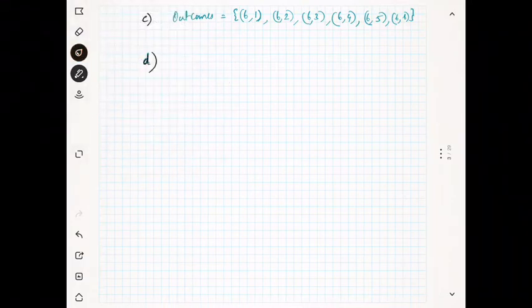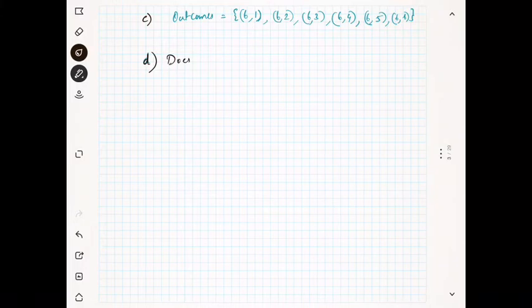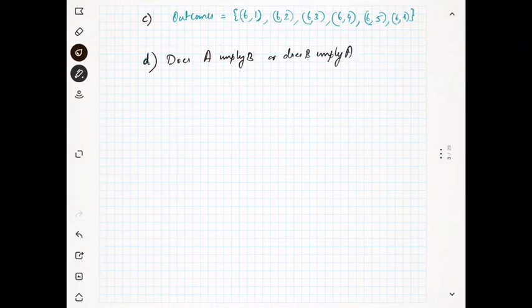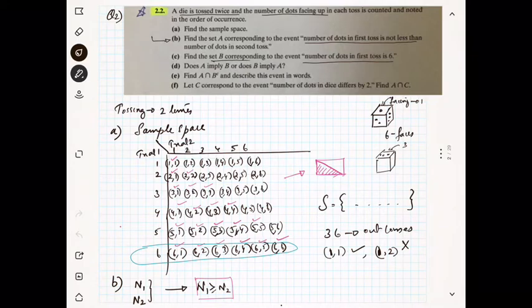Next, the part D of the question: does A imply B or does B imply A? That is the main question. That means if you get A, whether you will automatically get B. You can see here, this is my outcome B. In the question it is given that B is the set of outcomes with this criteria.